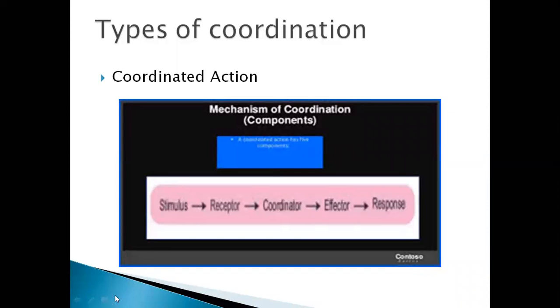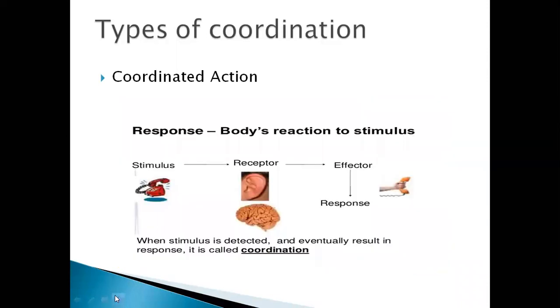Now I am going to give you an example for this, as I have already elaborated it, but now you can see it as well. Response, the body's reaction to a stimulus. Here, the stimulus is if you are listening on a phone and you are taking your Zoom classes as well, like this. Okay, the receptors are your ears, that you are listening from the phone, whatever the conversation is there, it is being accepted by your receptor cells, ears.